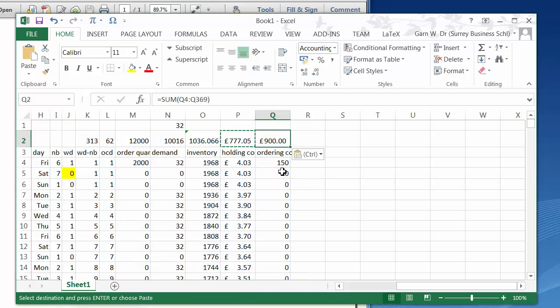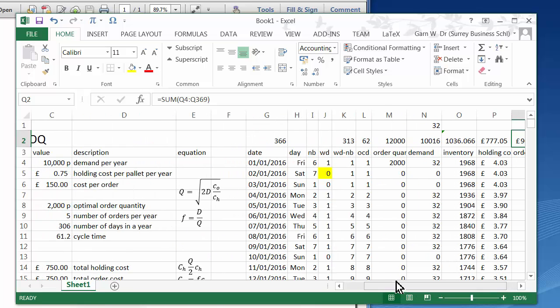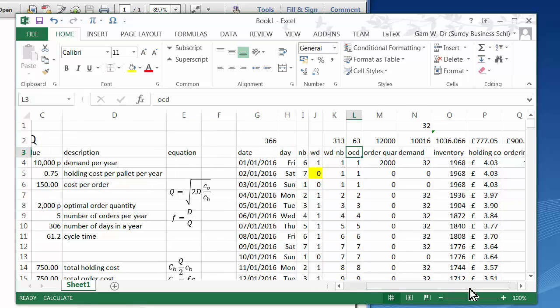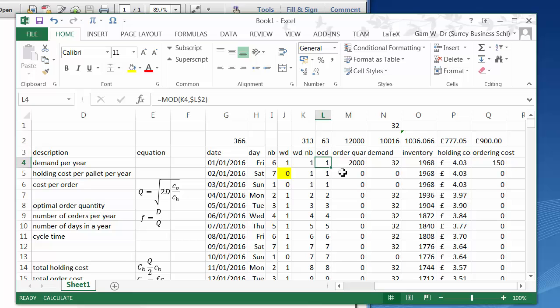Okay, sum. As expected it's higher. If we change the cycle time to 63 days, then it's exactly 750 pounds. So this gives us the total ordering cost.